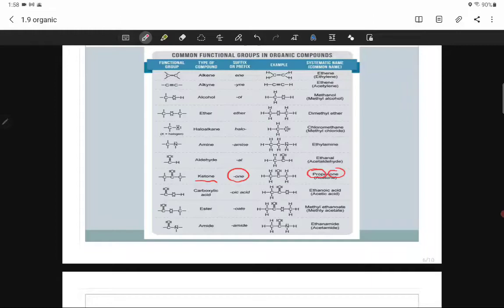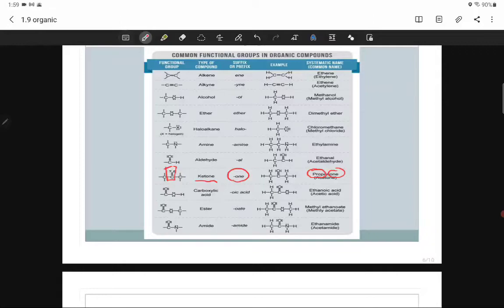On the test, if you said propone, I'd give you credit because you have the prefix and suffix, but really it should be propanone. And why is it a ketone? What do you have to have for this to occur? Well, somewhere in the middle of the molecule, not at the end, you need a double bond to an oxygen. And we'll talk a lot more about these in class, where I can get molecule kits out that I think you used last year.